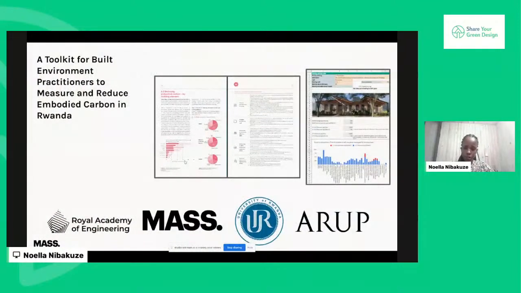Moving forward, we could not stop there, because we want this to be adopted in Rwanda and the region. So we're currently producing a toolkit for the built environment to measure and reduce embodied carbon in Rwanda. We have been working with ARUP, MAS, the University of Rwanda, and the Academy of Engineering to produce this tool, but also to train fellow practitioners to use it in their projects.